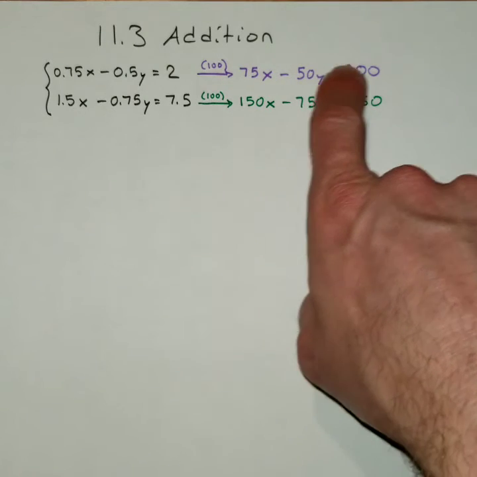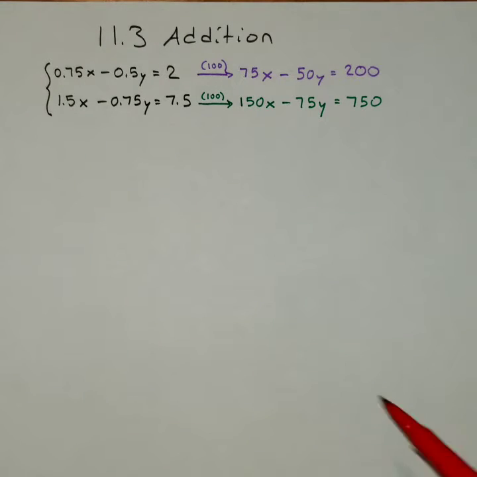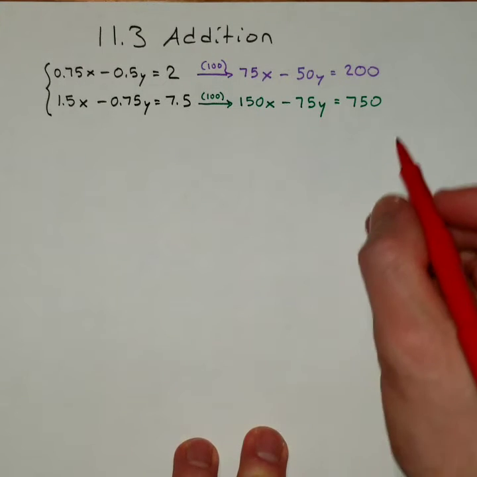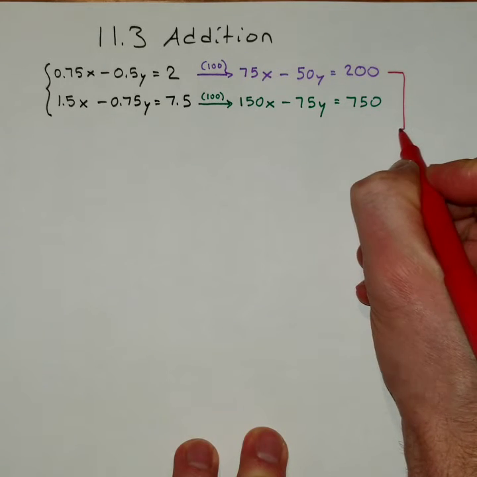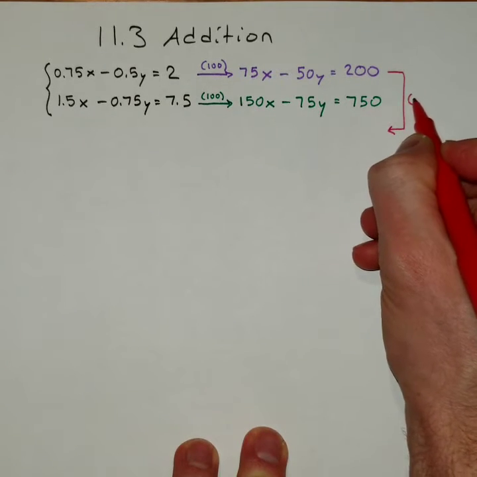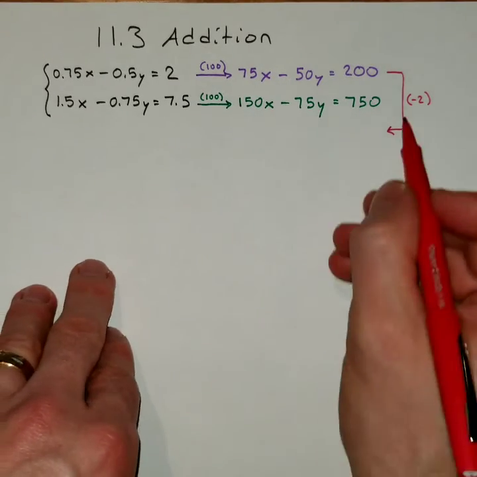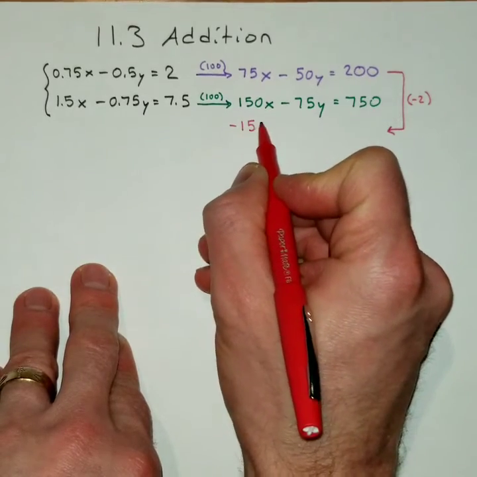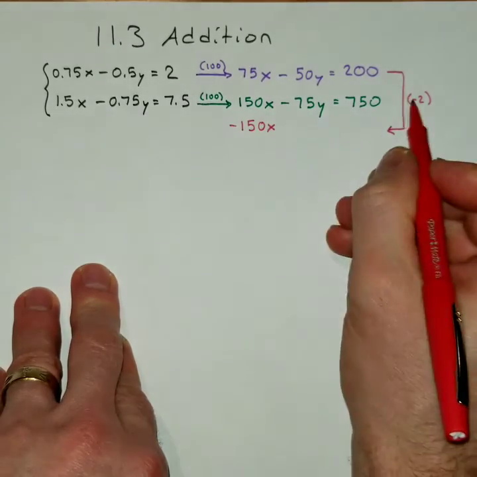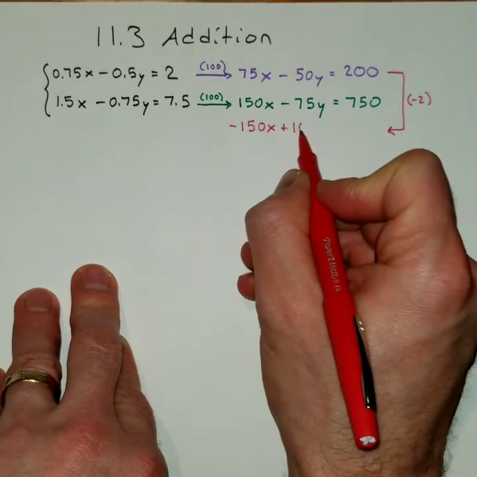And so I would take this top equation, multiply it by -2. I'll bring this down here. Multiply by a -2. So -2 times 75 is -150. -50 times -2 is +100.